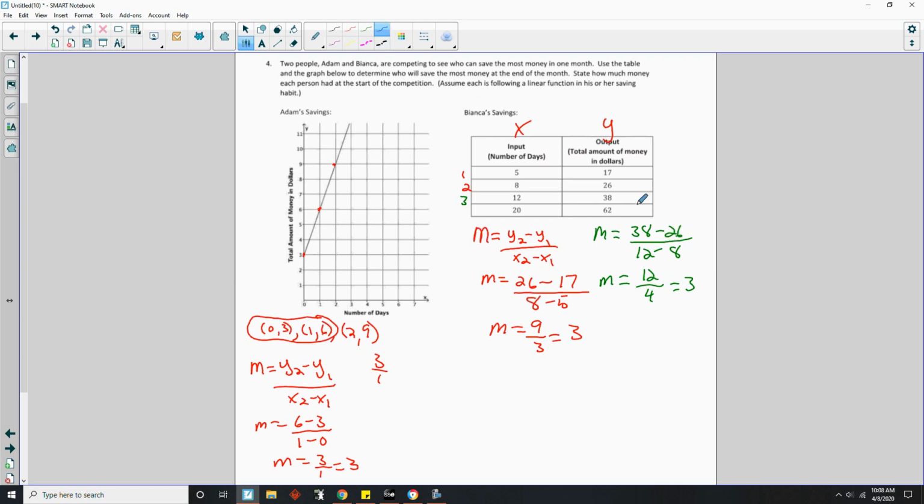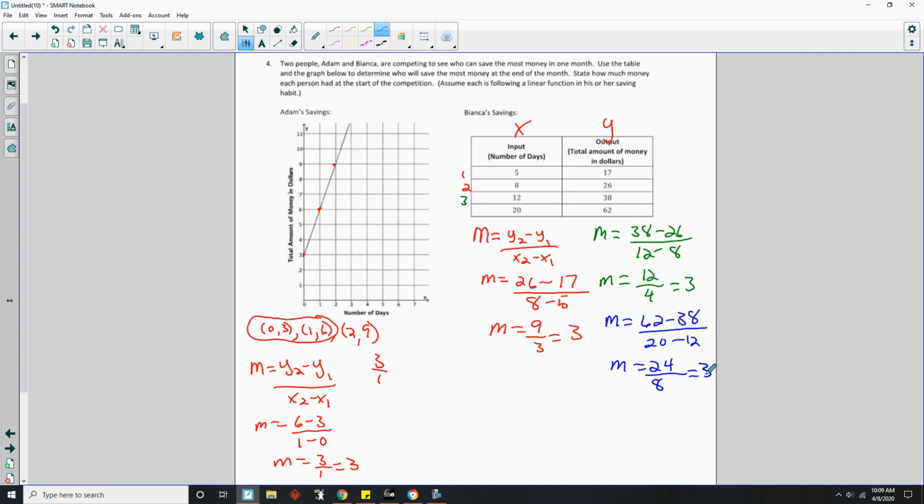And I'll check the last point here, and 62 is my y2, minus 38, divided by 20 minus 12. So that is going to give me 62 minus 38, which is 24, and 20 minus 12 is 8.